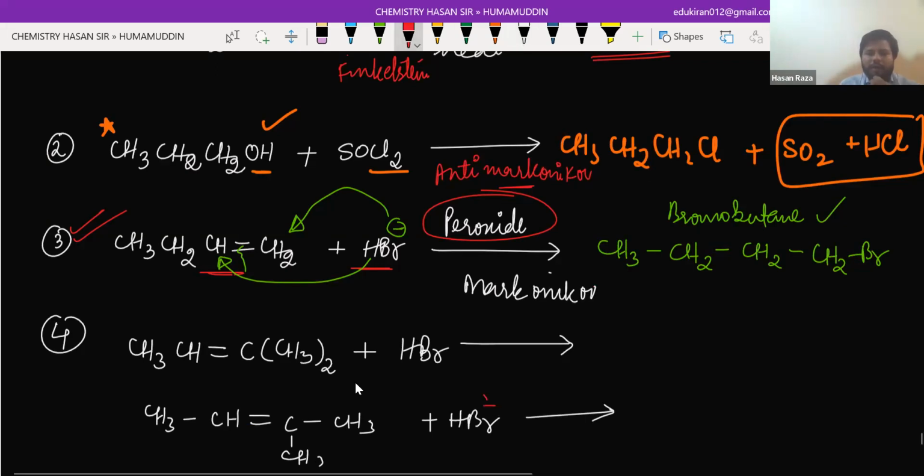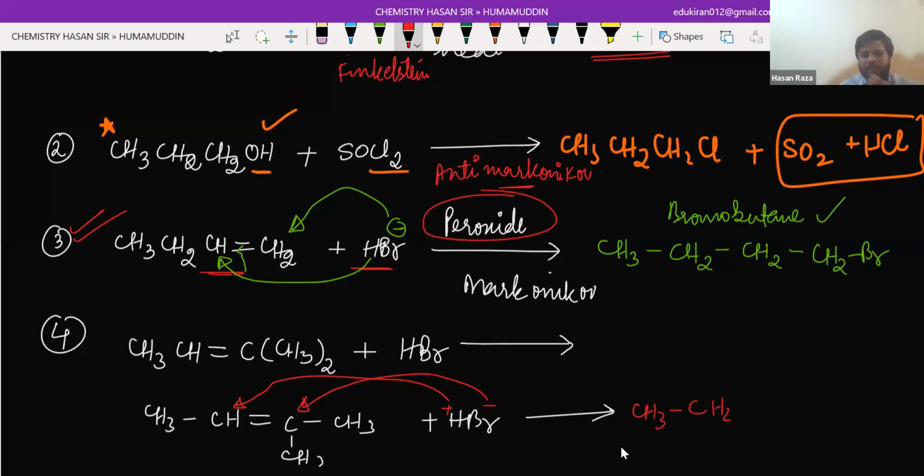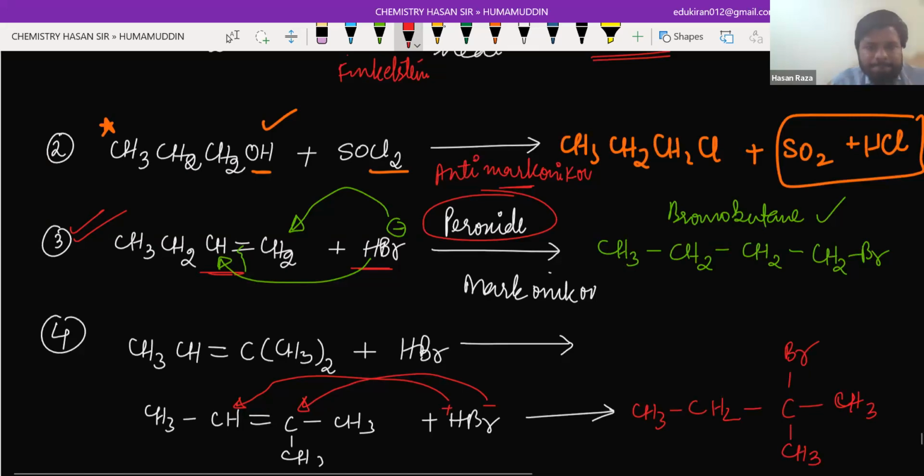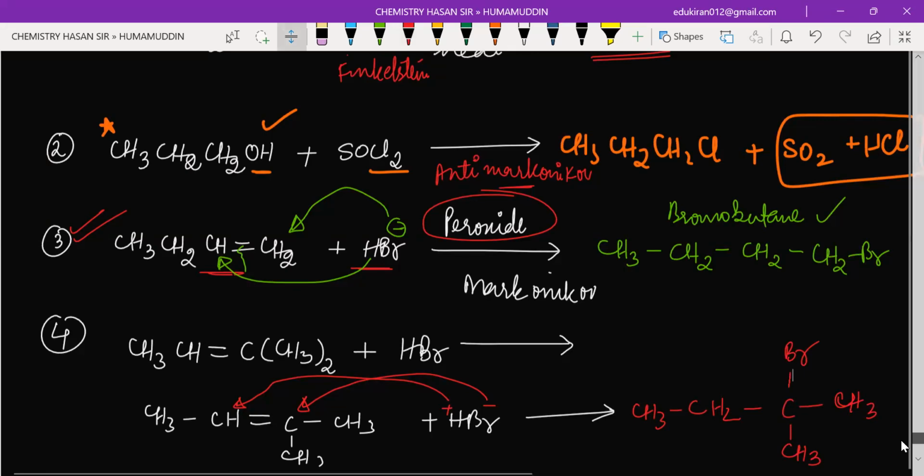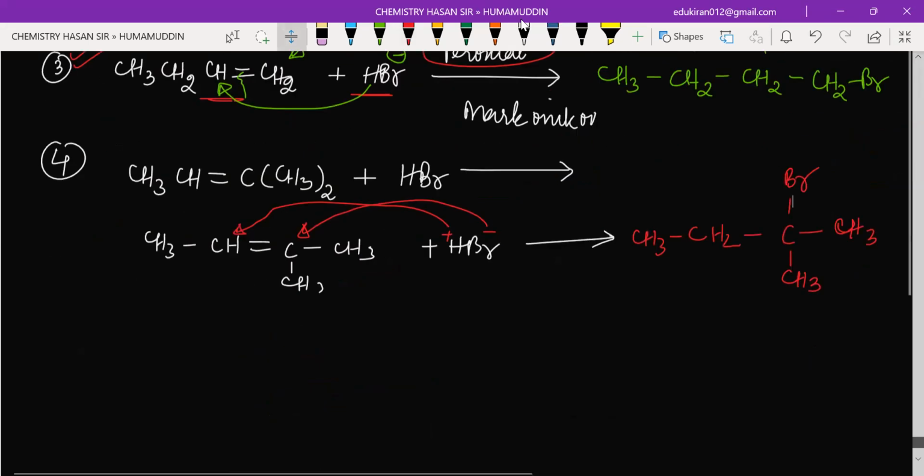Negative part goes to that carbon which has lesser number of hydrogen and positive part to that carbon which has greater number of hydrogen. So the product will be: CH becomes CH2, the bond becomes single, CH3 is here and CH3 is also here, and the Br comes here. Is that clear, both of you? Yes, sir. Okay, please write it.